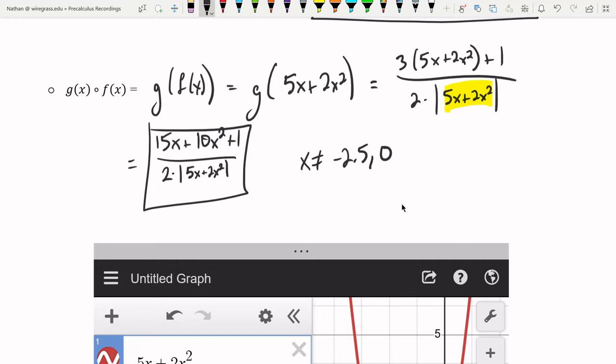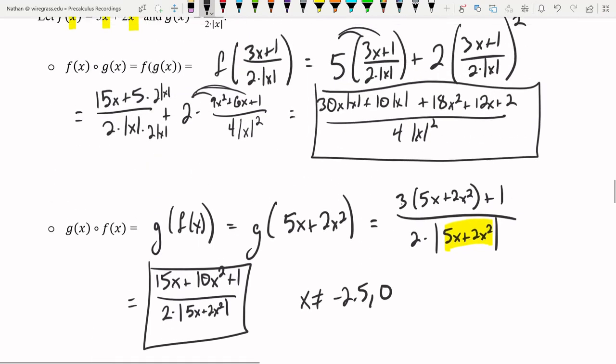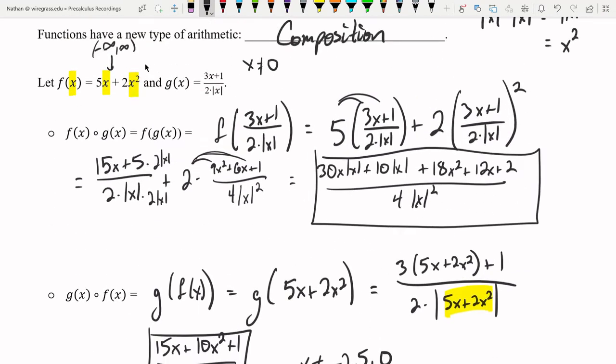And this is an important idea: when we compose these two functions together, the domain of the new function actually is different than these two functions. So you have to constantly keep in mind that whenever you do any kind of arithmetic on a function, you can actually change the domain.